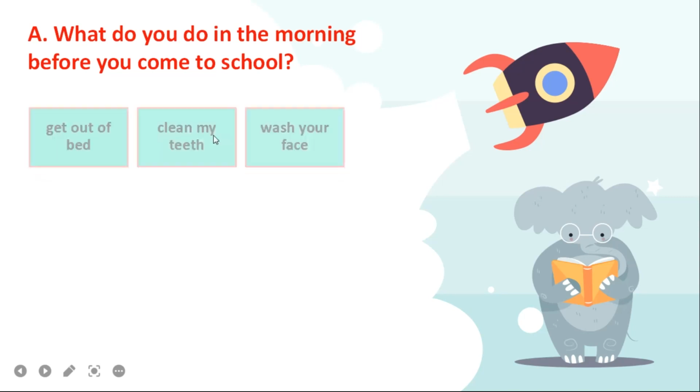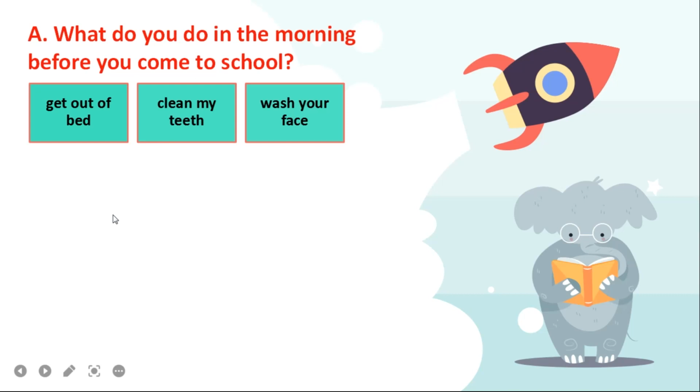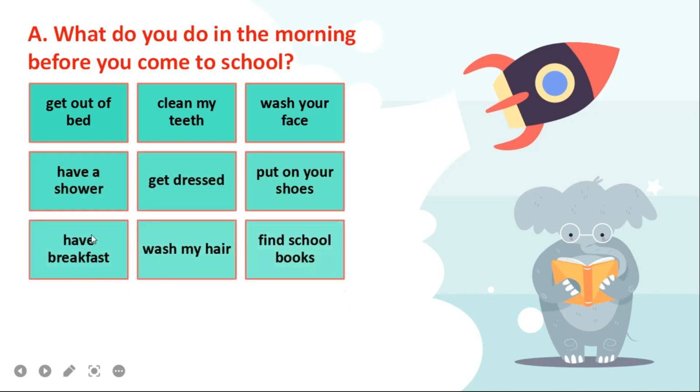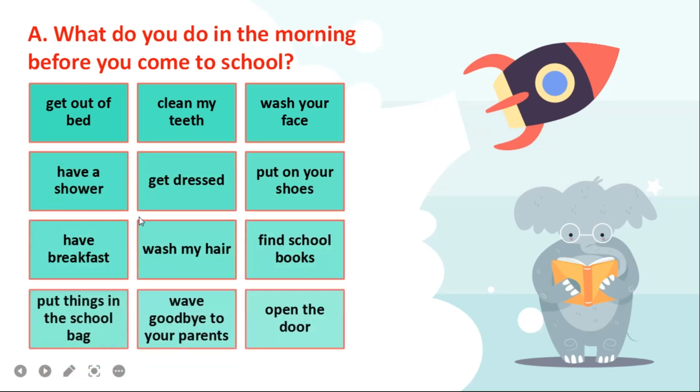Okay, nice. Can you please use this word, Kim? And you use adverbs of frequency. For example, I always get out of bed. I never clean my teeth. I often wash my face. Like that. Okay? So, what do you do in the morning before you come to school? Then you use adverbs of frequency.